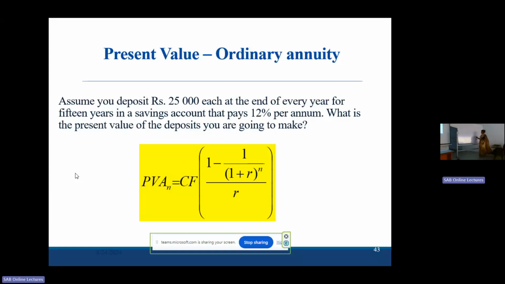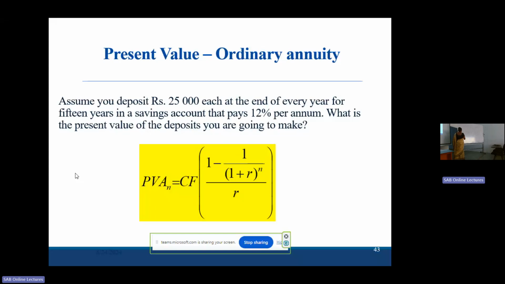This part of the formula we call the present value interest factor annuity. This is the last time value table. We cannot discount each cash flow separately, so we apply the formula.